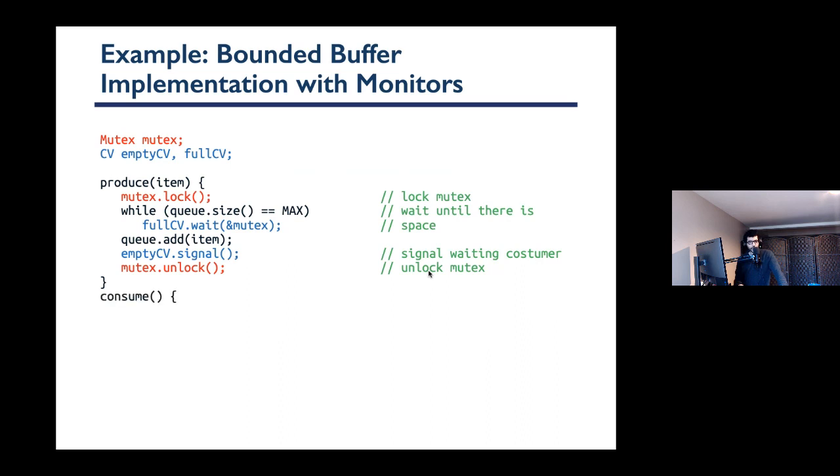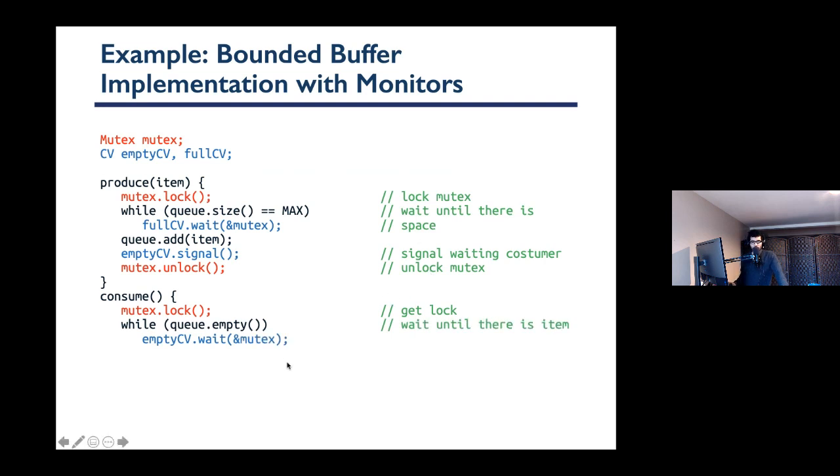Now let's look at the consume function. Again, I lock the mutex. This time I check if the queue is empty. And if the queue is empty, I will wait on this condition variable. Let's say I get out of it by a signal, or let's say at the beginning it wasn't empty. Then I remove.